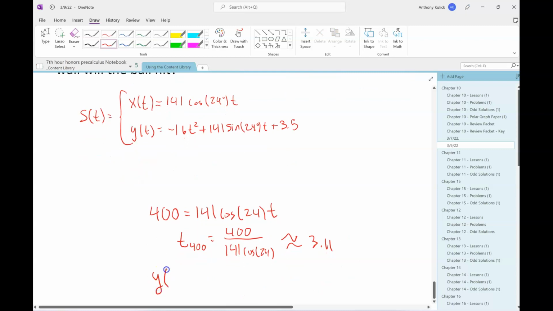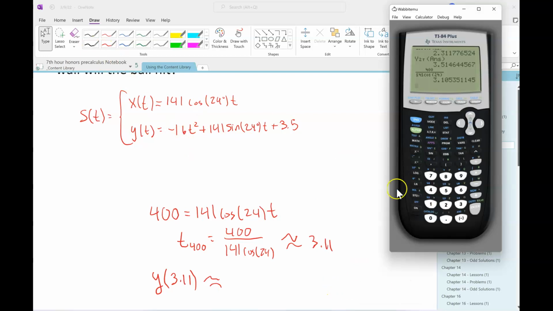And then I want the height of the ball at 3.11 seconds. And again, I could plug that into the equation for y by hand up above, but I don't want to do that. I'm lazy. I'm going to have the calculator do it for me. So I'm going to press the vars button, go over to y-vars, pick the function command, and then I put in y2t.